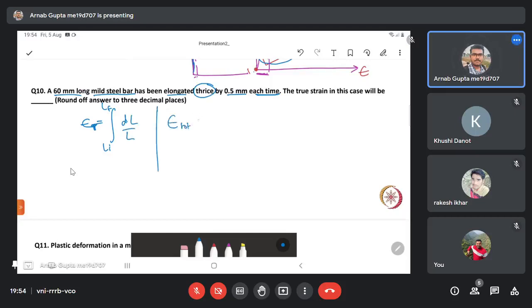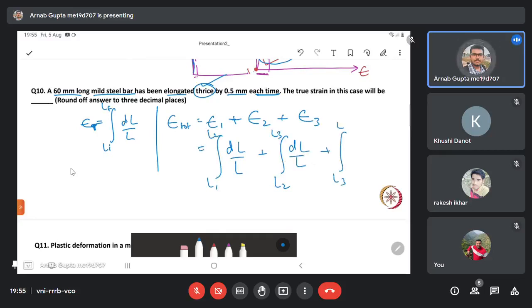But in this case, you can write here sigma epsilon total, since it has happened thrice, is equal to epsilon 1 plus epsilon 2 plus epsilon 3. So the first term, it's L1 to L2, L2 to L3, L3 to L4, and so on if there are multiple cycles. So here you are just plugging in the values, like dL by L is nothing but ln L, right?